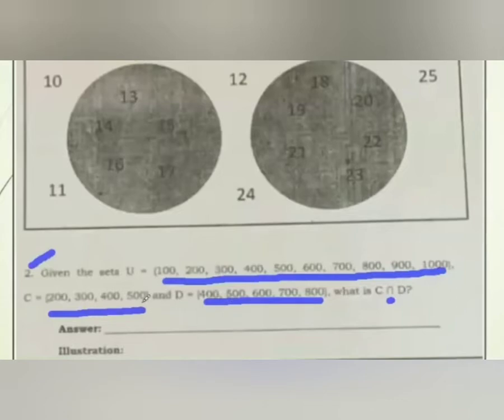You can see 400, you can see 500, right? So the answer to this is, write a brace: 400 and 500. Then close brace.